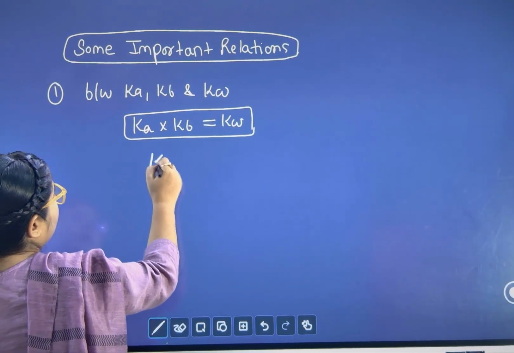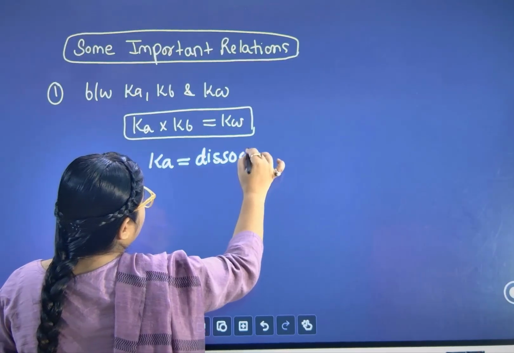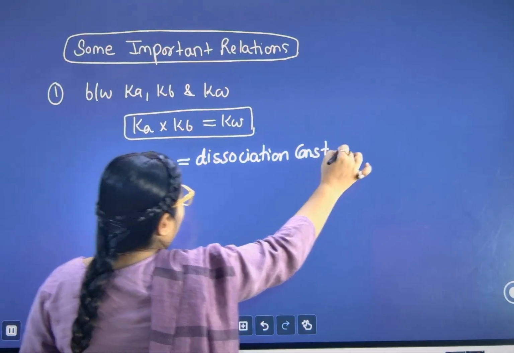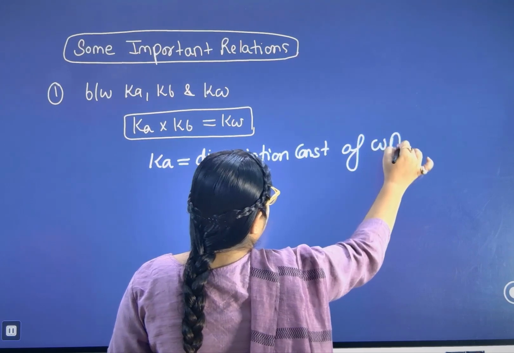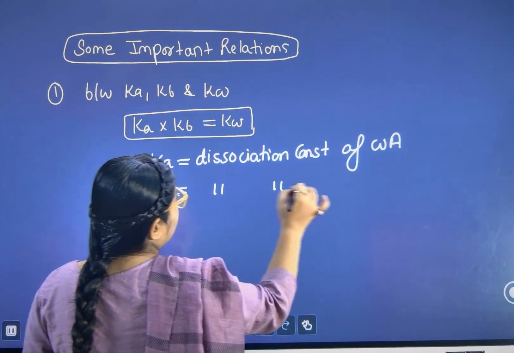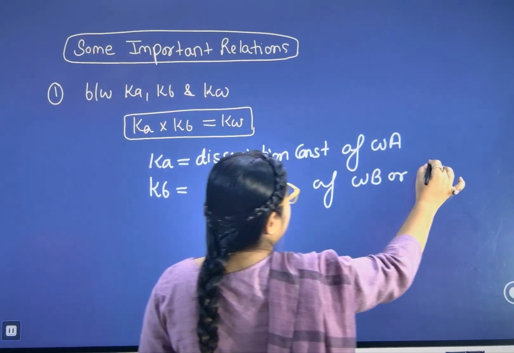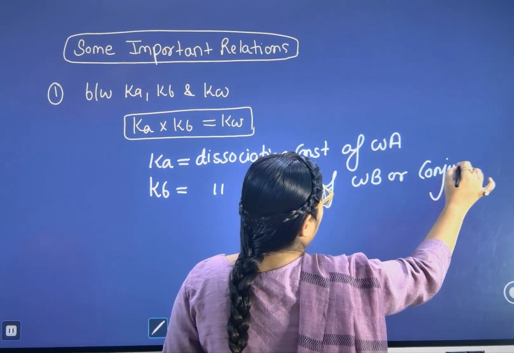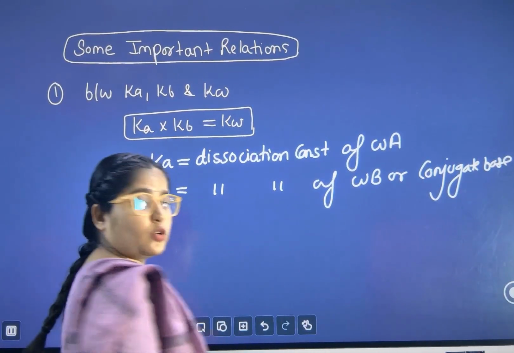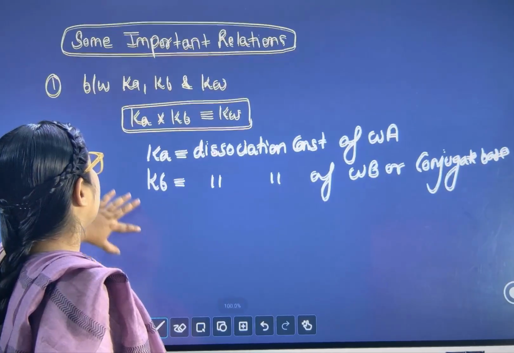Ka is the dissociation constant of weak acid. Kb is the dissociation constant of weak base, or else I can say it is the dissociation constant of conjugate base. I have taught you how to find conjugate acid and base. Clear? This relation is very important.